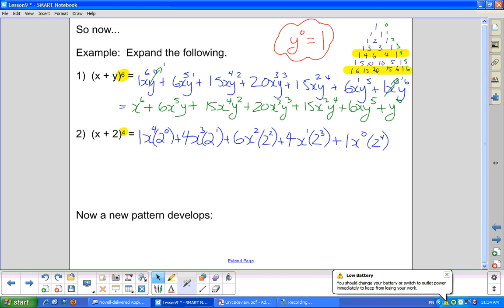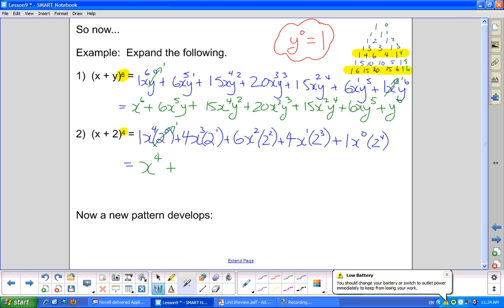Now note, we're doing row 4, so there's 5 terms. If you look at the one above it, we had row 6 out of Pascal's triangle, so there were 7 terms. So this one takes a little bit more with the calculator. Okay, some of us can do it in our heads. 2 to the 0, anything to the 0 is a 1. So we have 1 times x to the 4th, so it's x to the 4th, plus.